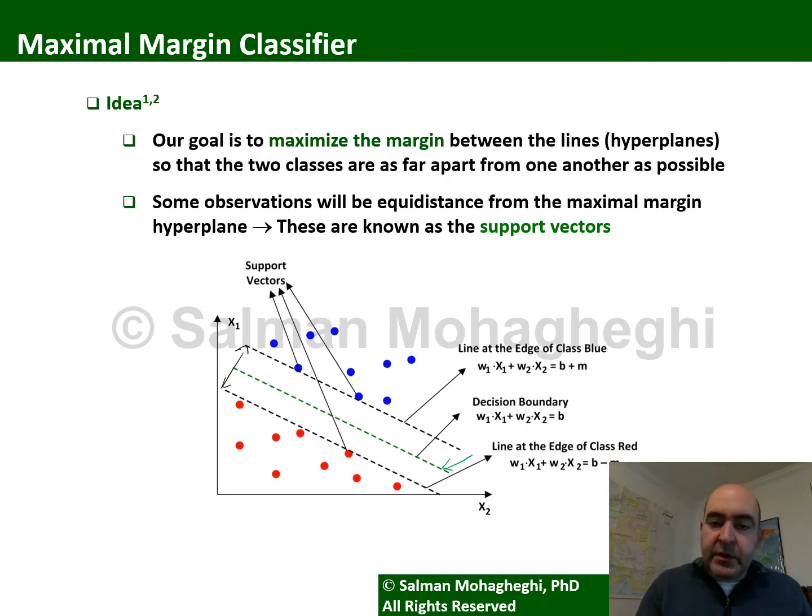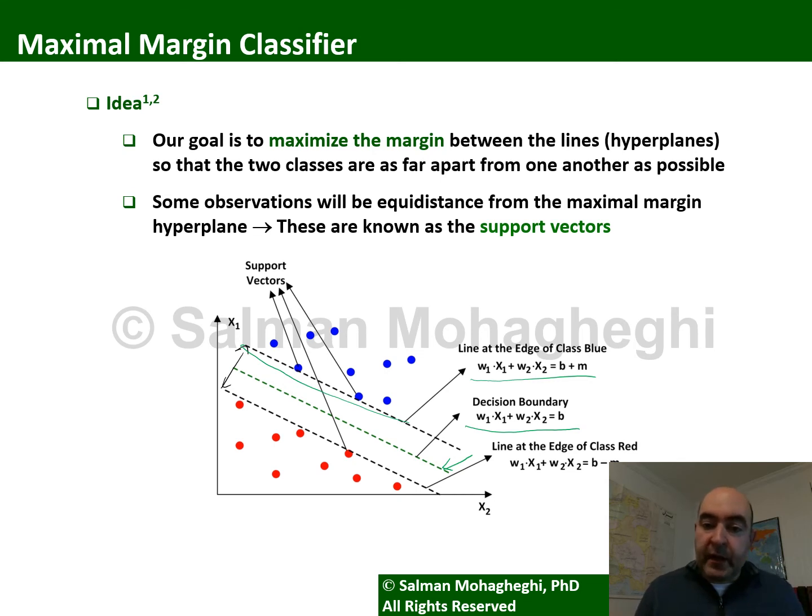So imagine this decision boundary is W1 x1 plus W2 x2 equals B, and I'm assuming that the smallest distance of class blue to this particular boundary is M, and the smallest distance of class red to that particular boundary again would be M. So this means that the line that I have at the edge of class blue can be expressed as W1 x1 plus W2 x2 equals B plus M. B would be the parameter associated with the decision boundary, and M would be that smallest margin between the class and that decision boundary.